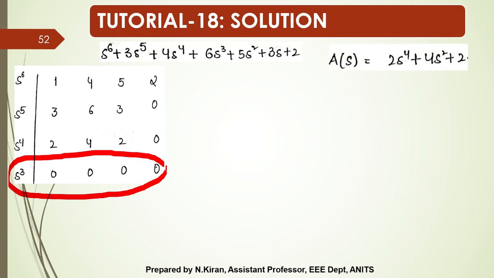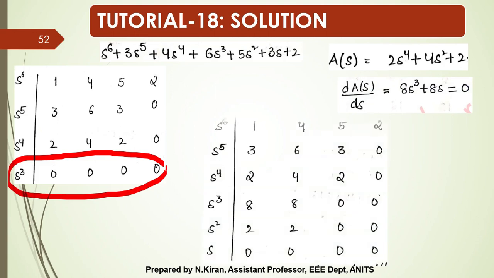In this case it is 2s^4 + 4s^2 + 2, and differentiating that, I'll get 8s^3 + 8s, and I'll replace the row of zeros of s^3 with these elements.